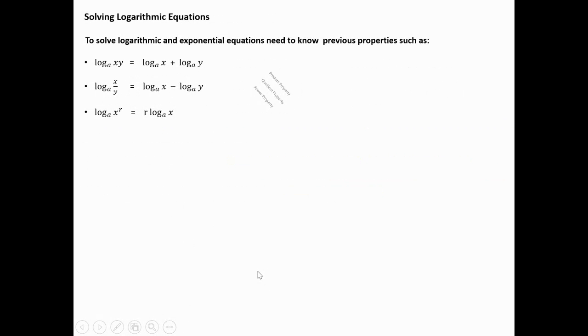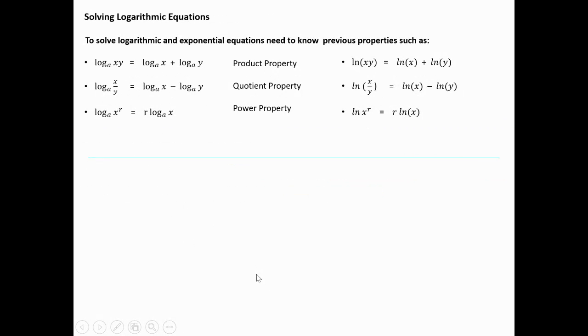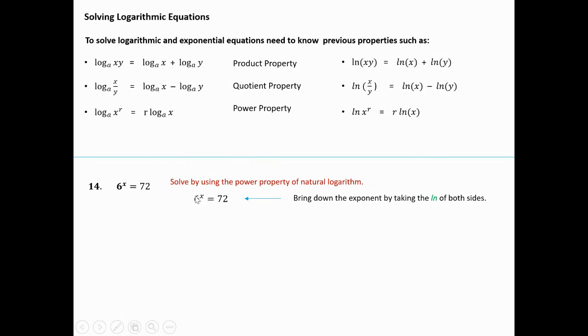Let's do another one. Here, guys, we're trying to solve. When you solve, the first step was to see if you could find the same base, but there's another way to do it without using the same base. Here, we're going to take the ln on both sides, because we have to bring down the x.